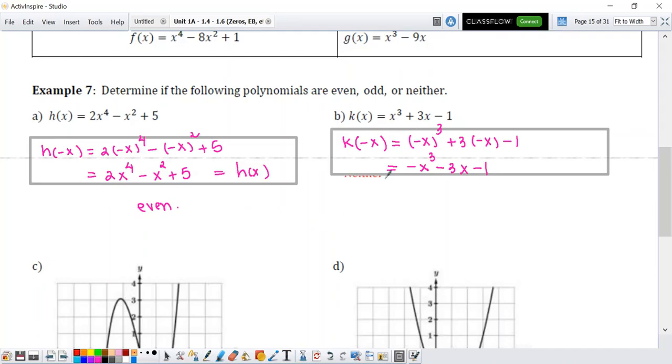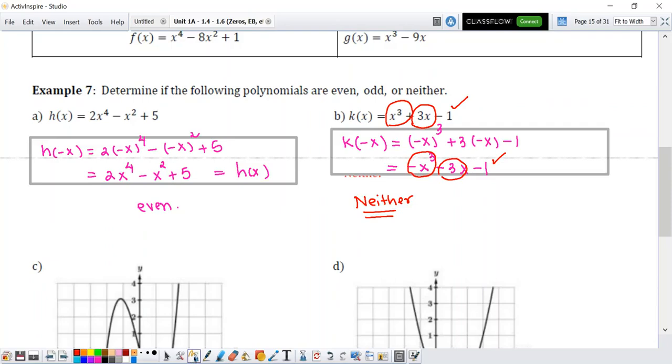Now, how do you know this is opposite? Check every term. This is opposite. This is also opposite. But this is the same, which means this is not odd, not even. This is a neither. This is how you use the generic values.